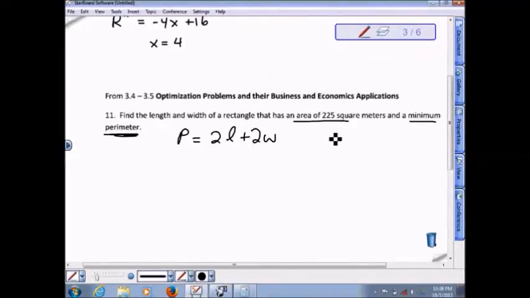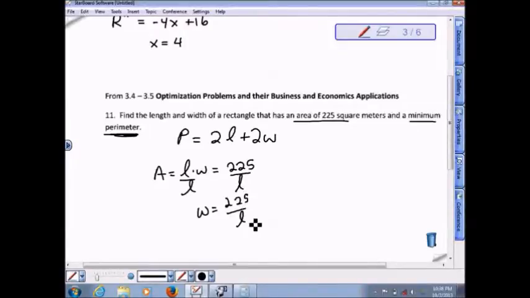We have some information here that the area, which is length times width, is equal to 225 square meters. So if we divide by one of the dimensions, it doesn't matter, we can divide by L on both sides. That yields width in terms of the length.